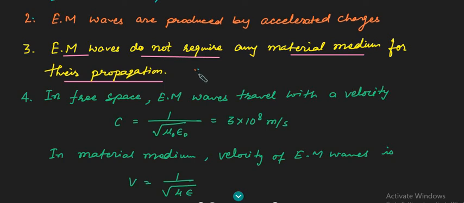In the fourth property, in free space, EM waves travel with velocity c equal to 1 upon root mu naught epsilon naught, which is equal to the speed of light. But in any material medium, the velocity of EM waves is v equal to 1 upon root mu epsilon, where mu is the absolute permeability and epsilon is the absolute permittivity.